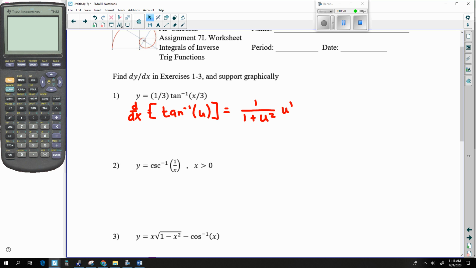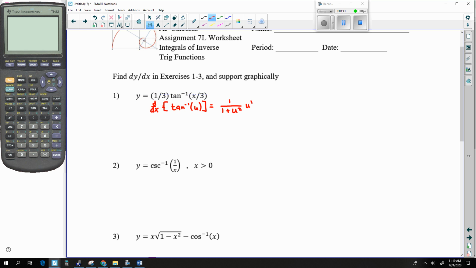Let's start thinking about what u is and what u prime is, and that'll really help us out. So u in this situation is 1/3 x. That means u prime is going to be 1/3, and u squared is going to be 1/9 x squared.